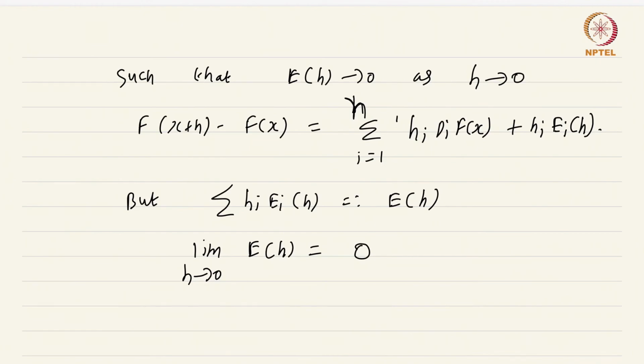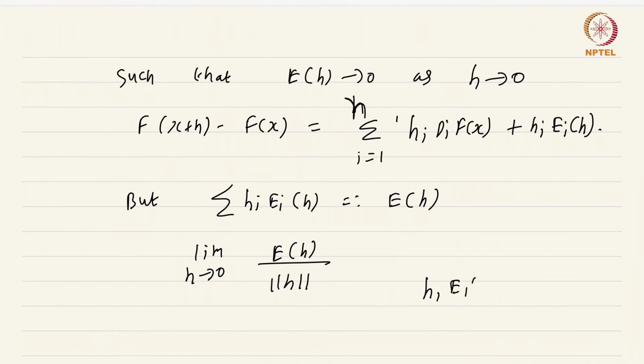right? In fact, this is not enough to guarantee what we want. We want to consider the limit as h goes to 0 of e of h by norm h, right? So let's just take one term, let's just take e_1(h) by norm h.